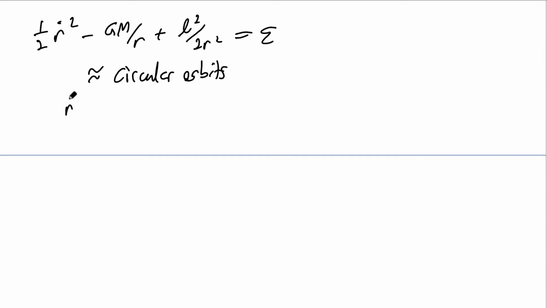So what do we know? Well, we know that r dot is approximately 0. We know that for a circular orbit, the magnitude of the gravitational force is just the mass of the body times the centripetal acceleration. That's v squared over r.